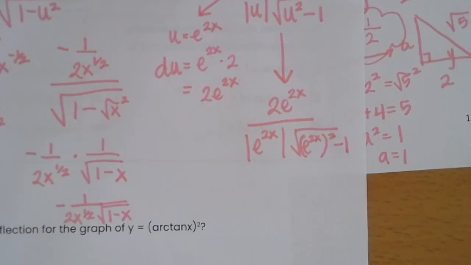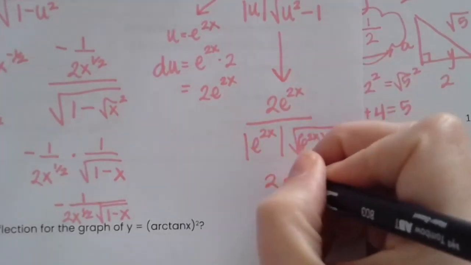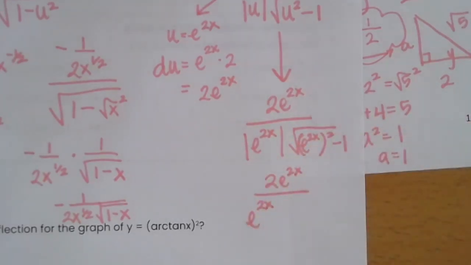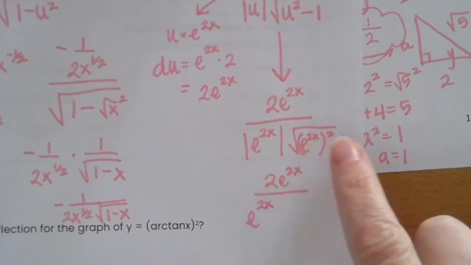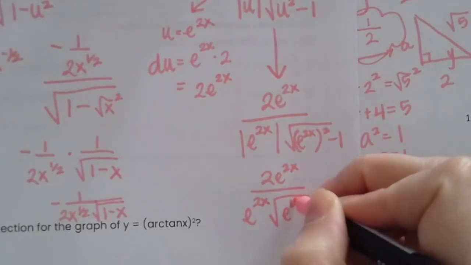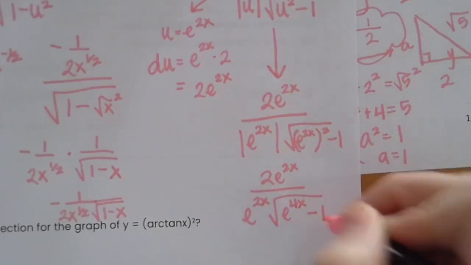We know that e to the power of x is always positive, so we don't really need this absolute value. So I can say 2e to the 2x over e to the 2x, and then e to the 2x to the power of 2, that's really going to be e to the power of 4x inside of there, and then minus 1.